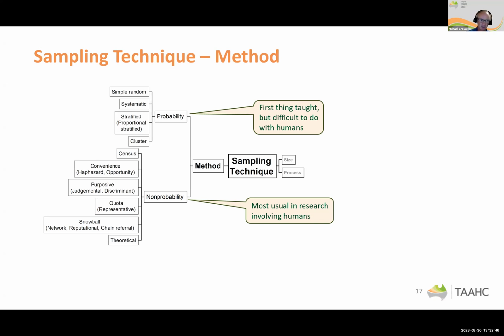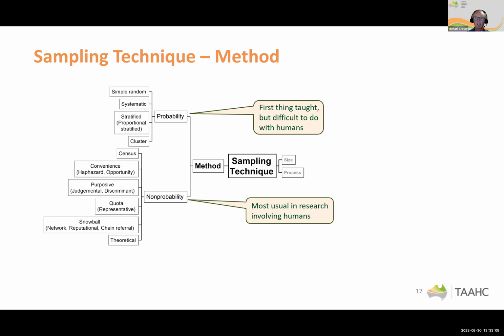It is still used quite a bit, especially where the population you're looking at, and when I say population, I don't mean all of Australia, I mean that group of people that you're really interested in looking at, is very hidden.